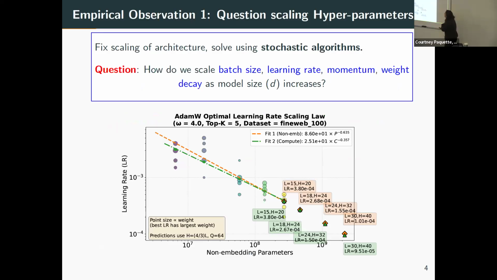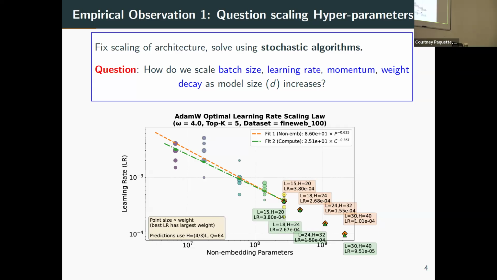And then once you fix this type of scaling ladder, you still have to choose everything about your stochastic algorithm. So you need to choose batch size, learning rate, momentum, weight decay, everything, as your model size is increasing. Because these things are so big and so expensive, you have to be able to predict what the behavior is going to be at large scale.